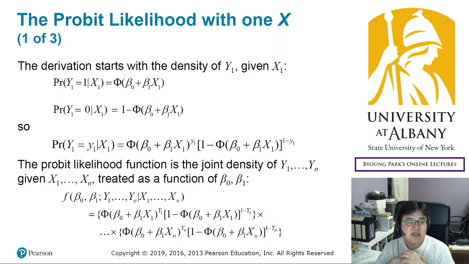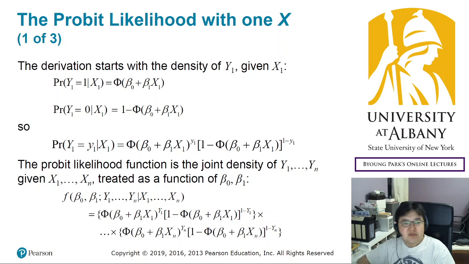So extending that idea to the case where you have one regressor, we are going to multiply the probabilities of what happened. So we are going to maximize the probability of what happened.